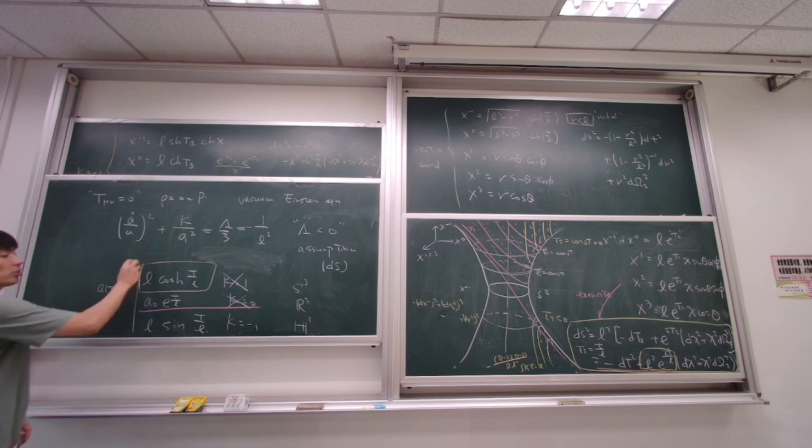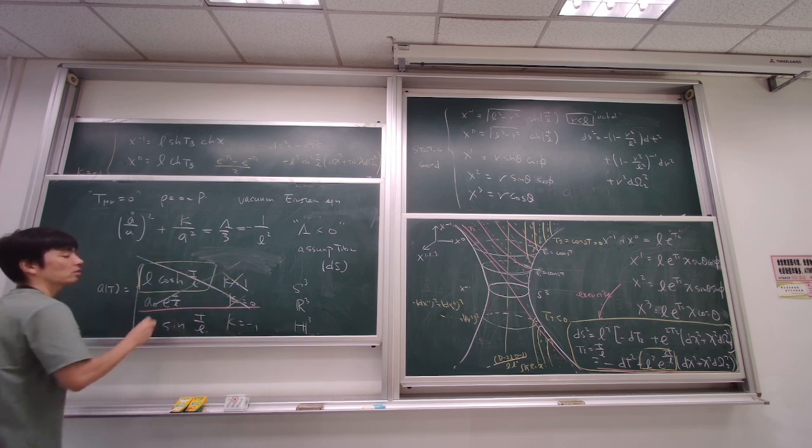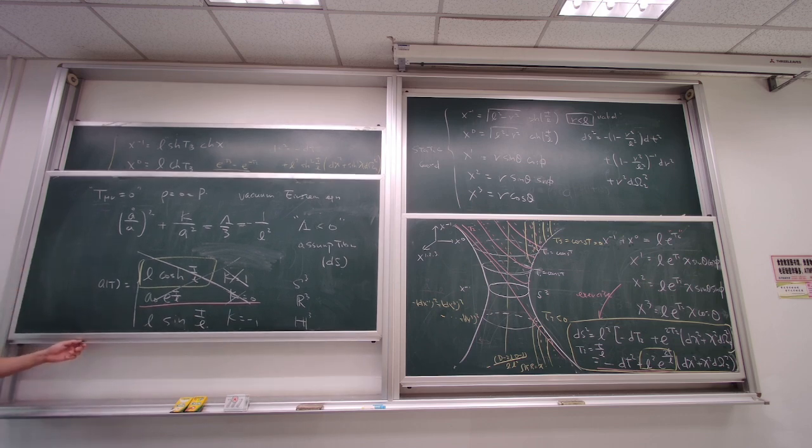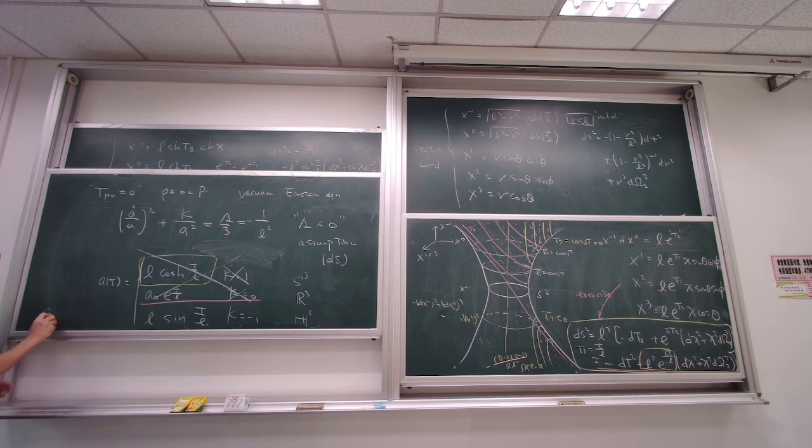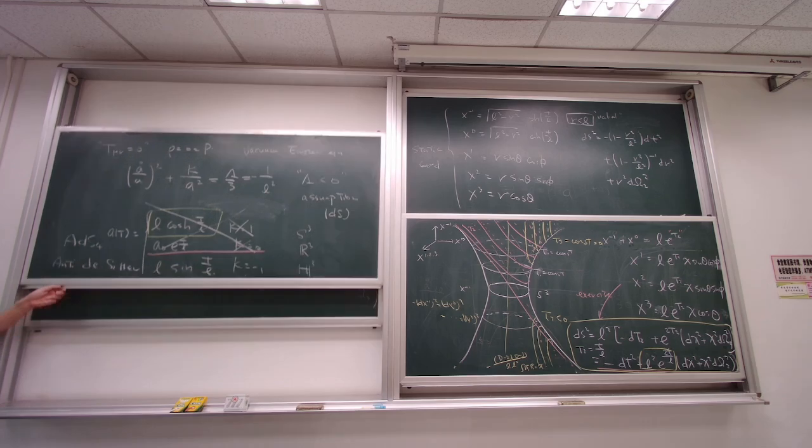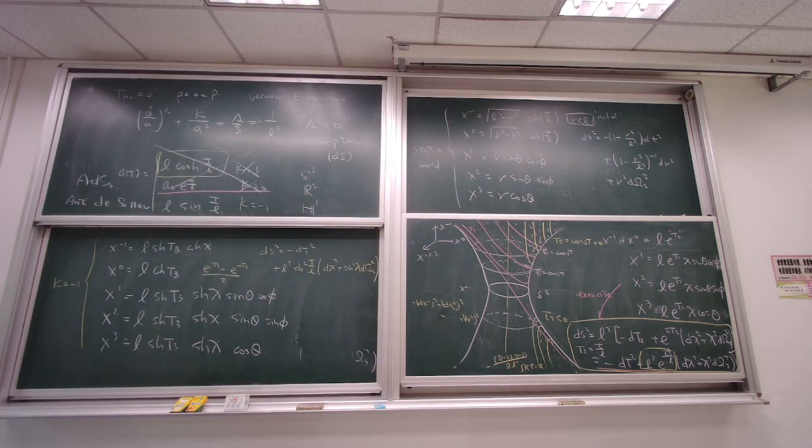So this solution does not exist when lambda goes to 0. And this is called anti-de Sitter, and people write it like this, AdS4.